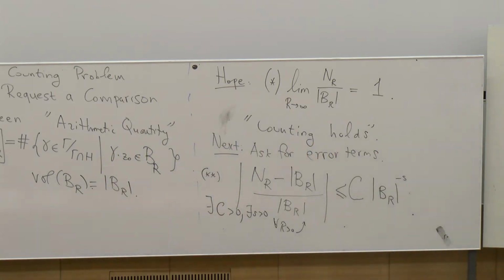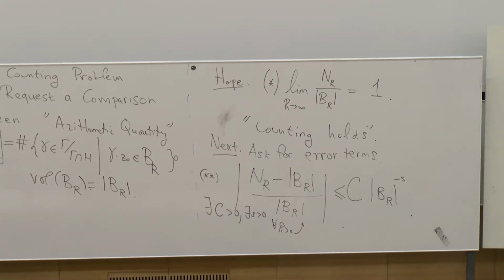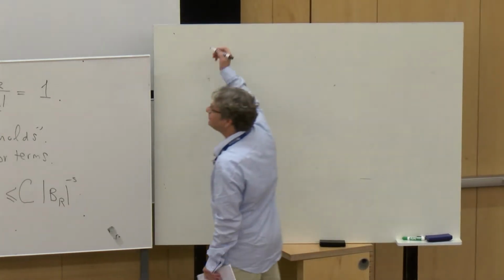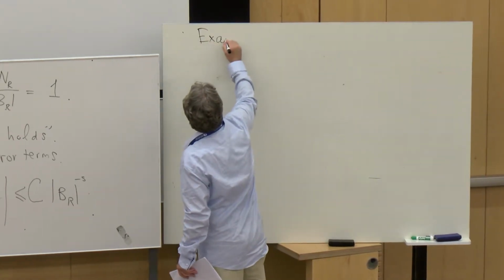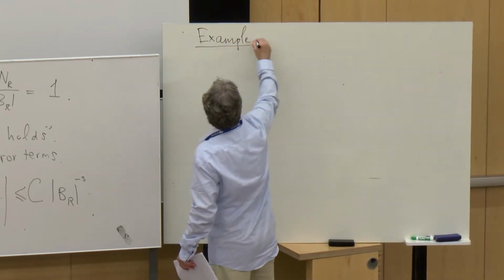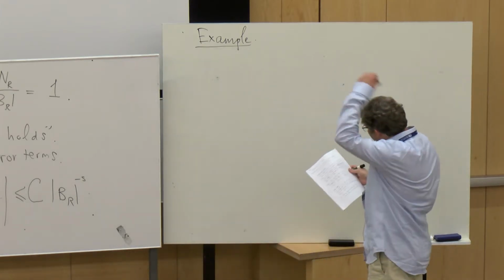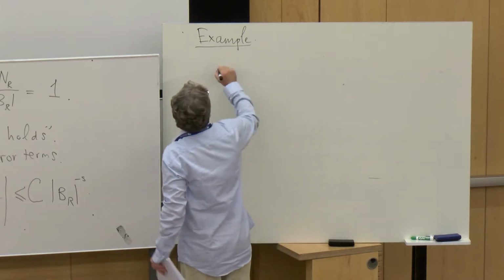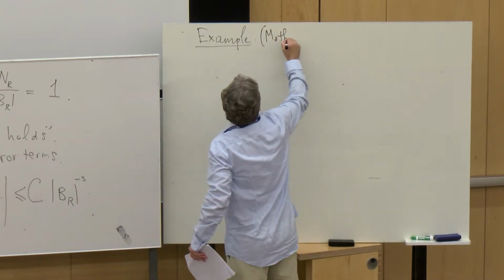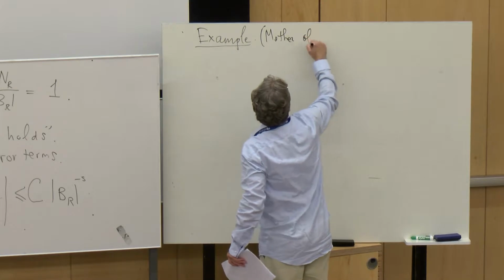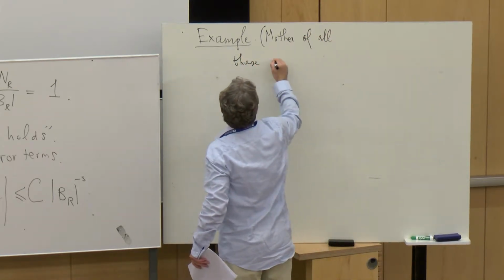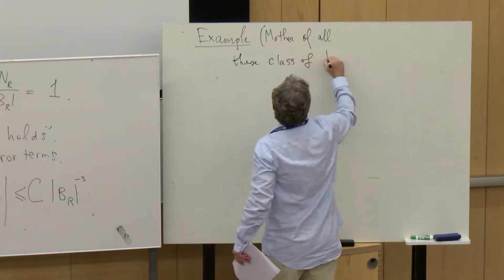This is really a classical subject, and it really goes back to Gauss. So the mother of, so just an example, I trust that 101% of my audience is familiar with this example, but nevertheless, this is the mother of all these problems, this class of problems.